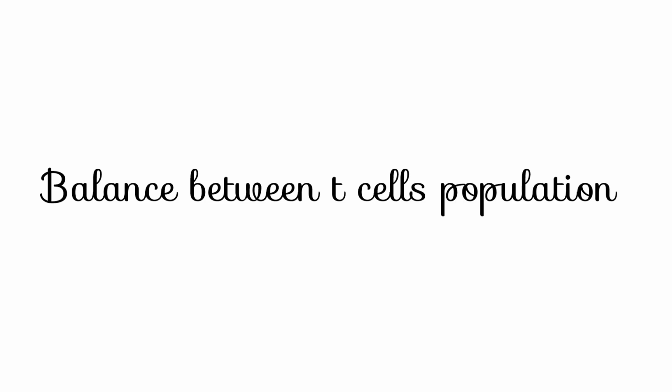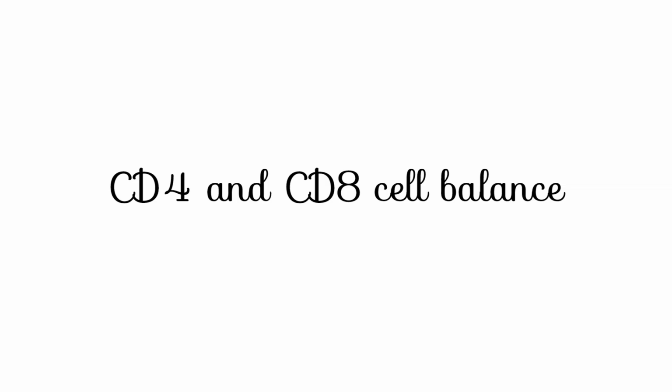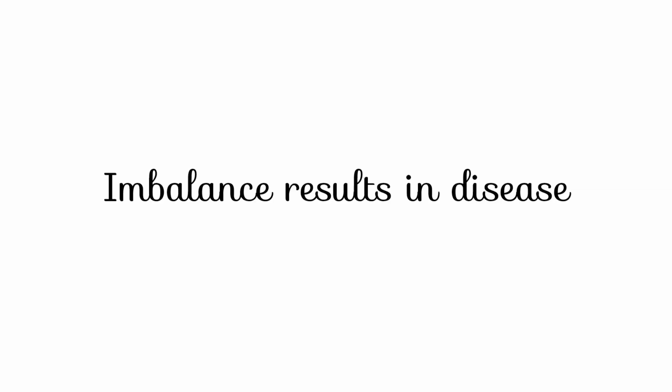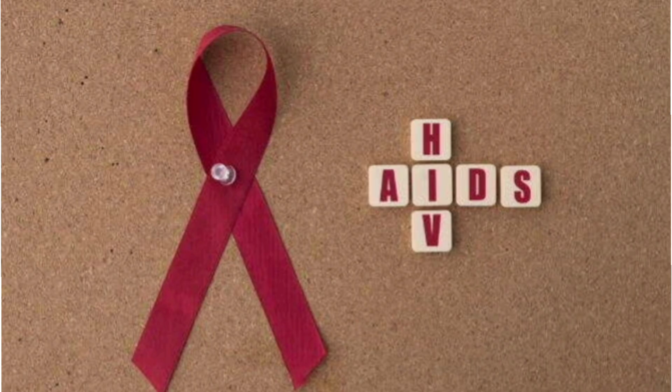There is also a balance between the CD4 and the CD8 cells, and if this balance is disturbed, it will lead to diseases such as, for example, AIDS. In acquired immunodeficiency syndrome, the normal ratio of CD4 to CD8 is more than 1.5, and this ratio is greatly reduced in the case of AIDS.